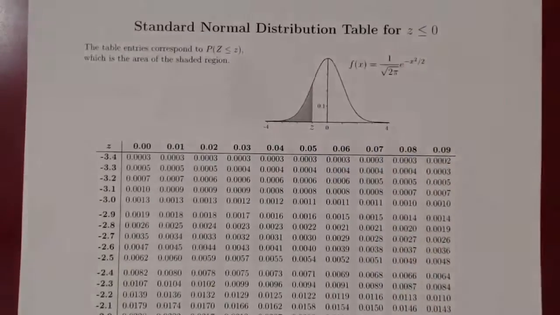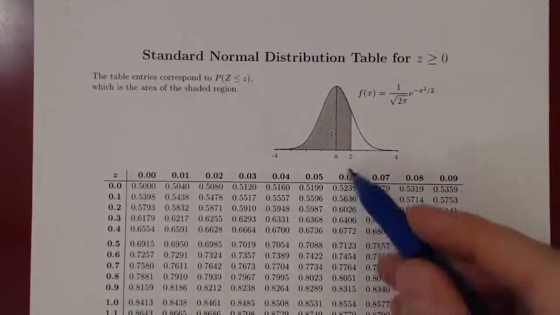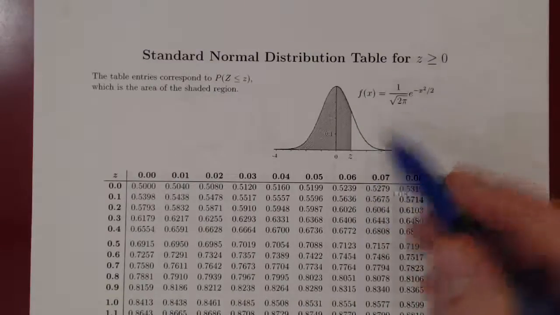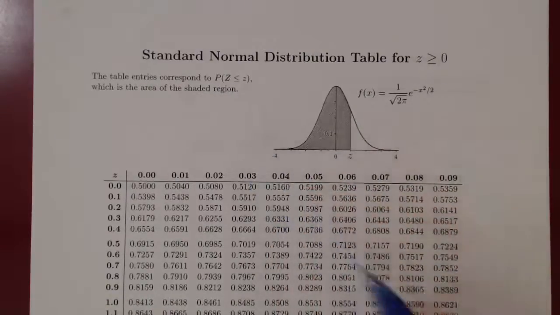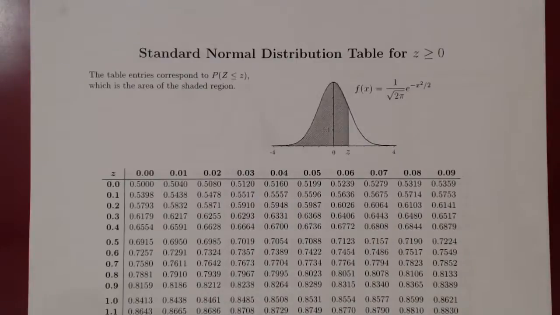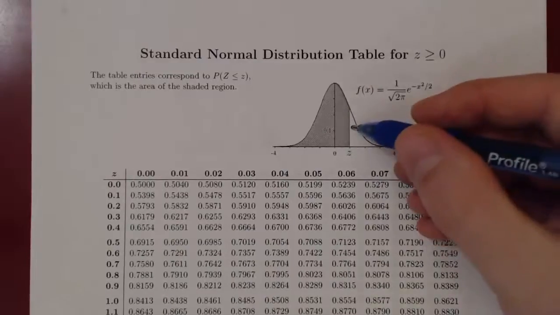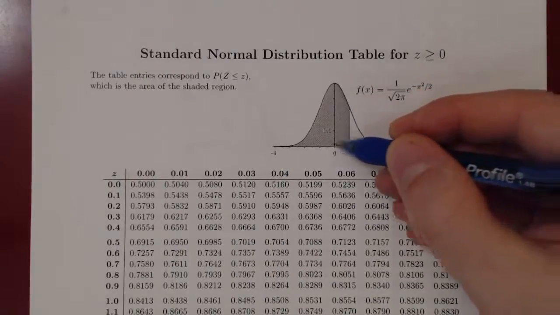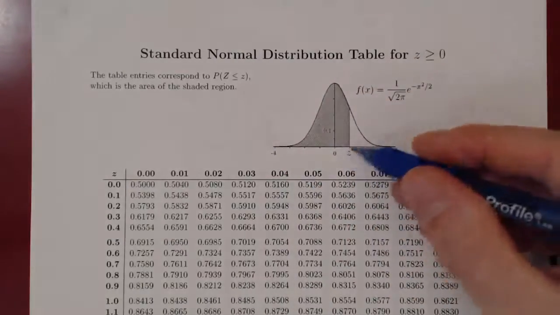The other side will give you the area below the distribution curve that are to the left of now positive z values. And now let's see how we can use this table to find the probability that we were looking for. Keeping in mind, all we have from the table is the entire area to the left of a given z value.